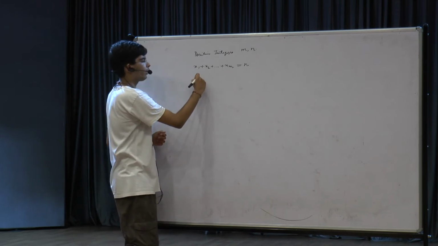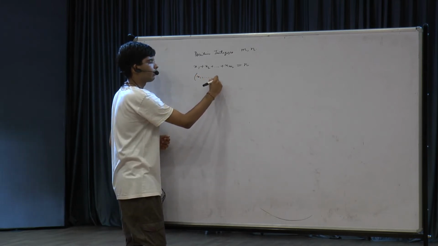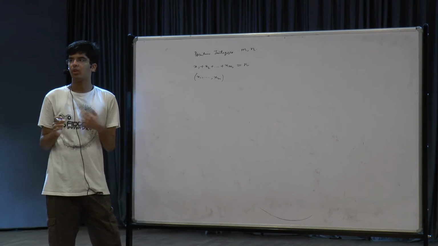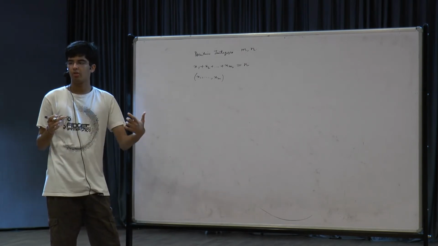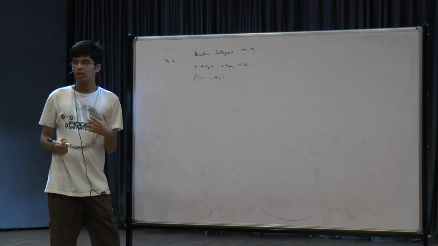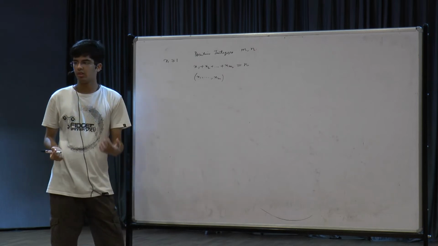So we try to find all possible tuples x1 comma ... comma xm. So we look at two numbers m and n. We try to write n as a sum of m positive integers. So xi's are greater or equals 1. And we try to find a number of solutions for this thing.